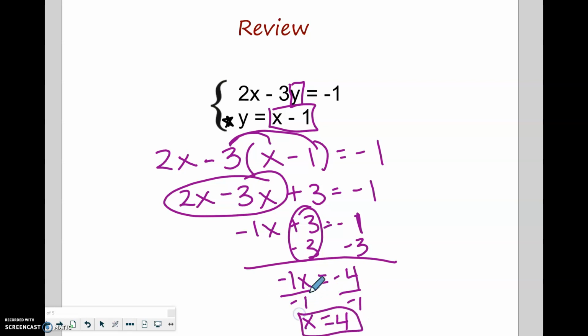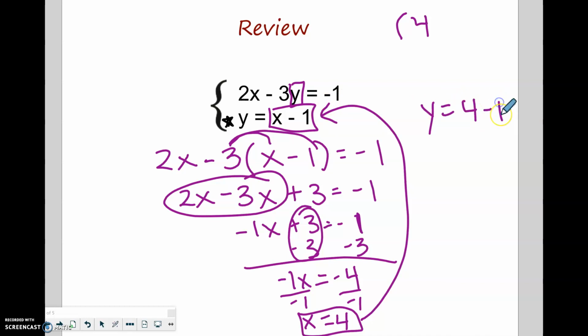So here's my x value. I know in the solution, the x value would be 4. Then what we do is plug it into one of the equations. I'm going to choose to put it into the bottom one and replace that x with a 4. So I do 4 minus 1, which tells me that y is equal to 3. So this is the solution to this system.